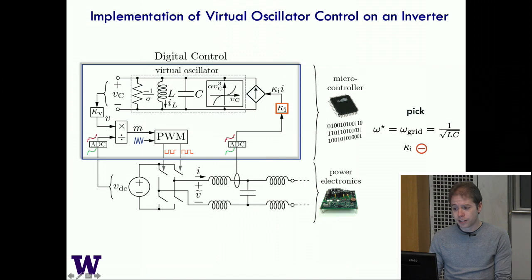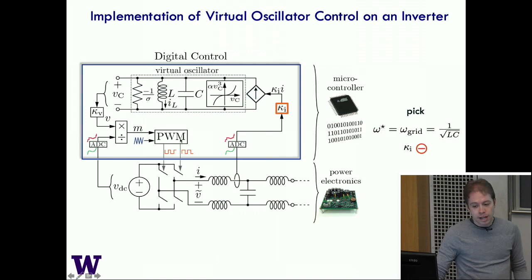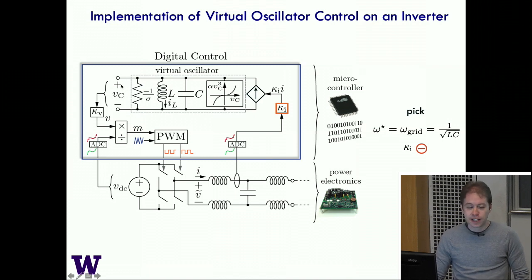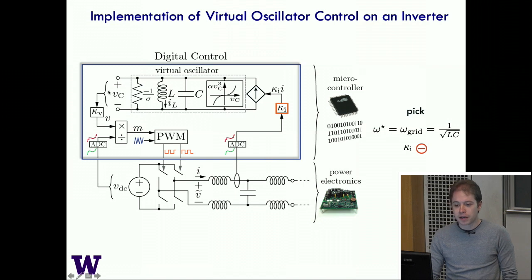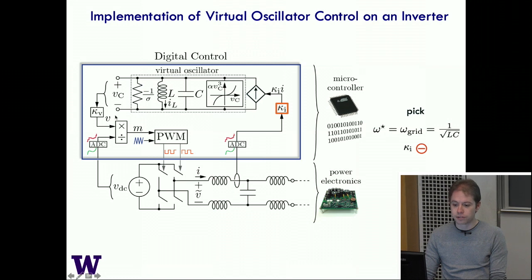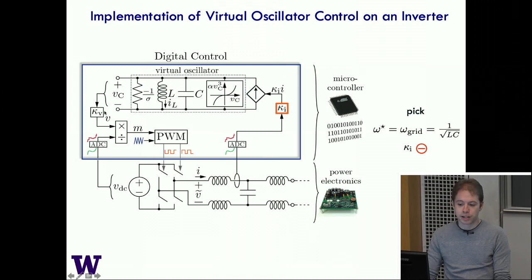Another way to look at it is that inside this controller, we're emulating this circuit in real time, so it's kind of fictitious, and this is why we use the word virtual to describe this oscillator circuit. And then finally, we get this fake voltage across this oscillator that we're emulating, and it turns out that we can control the switching action on the physical converter such that this voltage at the terminals actually follows the voltage that's produced by the oscillator.